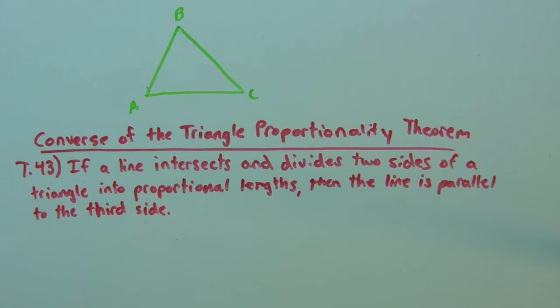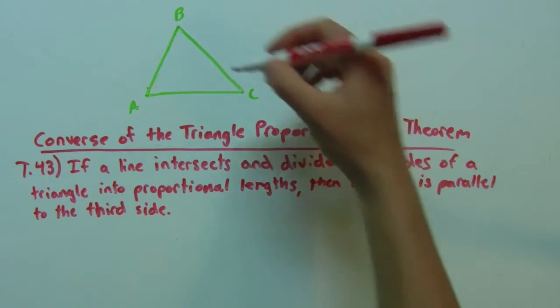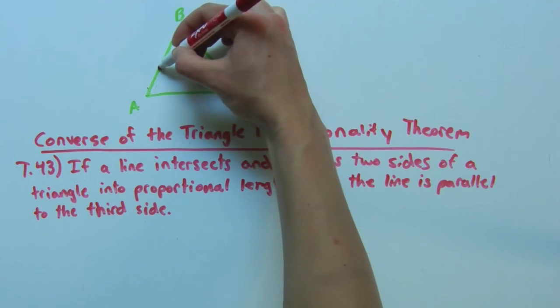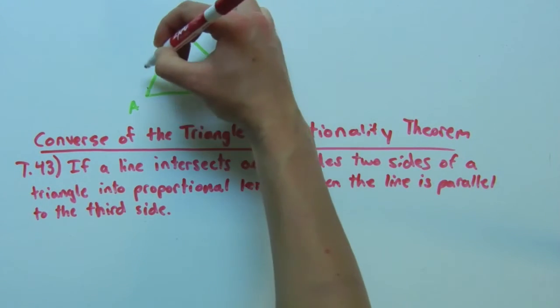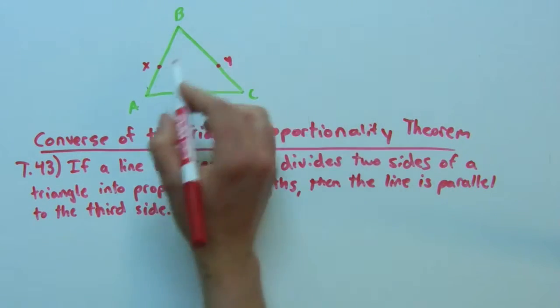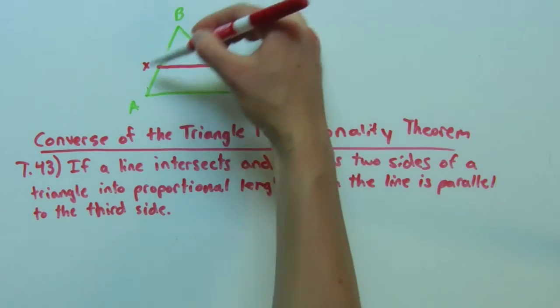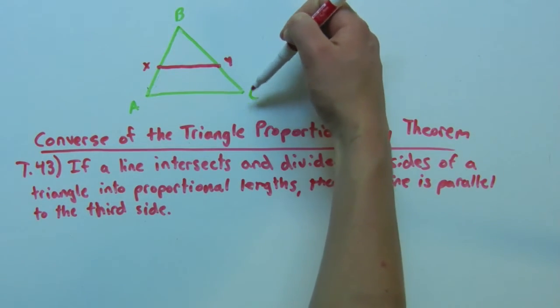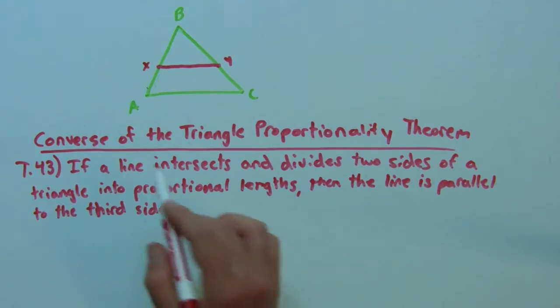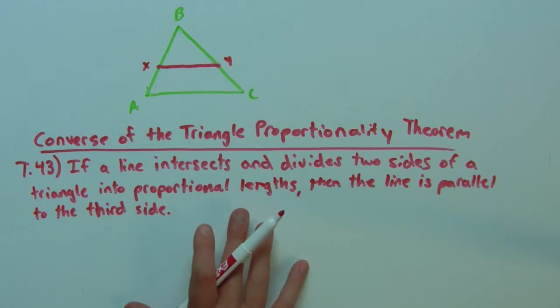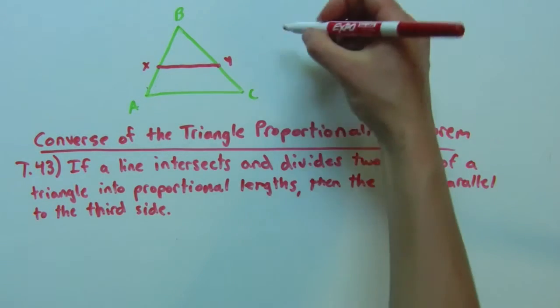The converse of the triangle proportionality theorem, T43 in our case, says that if a line intersects and divides two sides of a triangle into proportional lengths, so that's saying that I have again a line XY that intersects AB and it also intersects CB, and we already are given that the lengths are proportional.